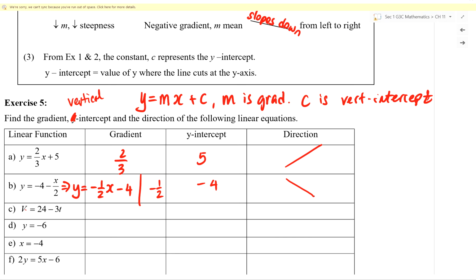Level negative 6. So the gradient is 0. There is no x term, so the coefficient of x is 0. That's why x disappeared. So that will give us a horizontal line. And then the y-intercept is negative 6, the constant term.